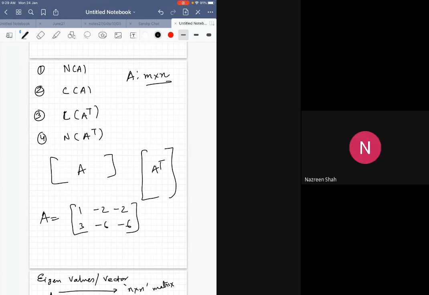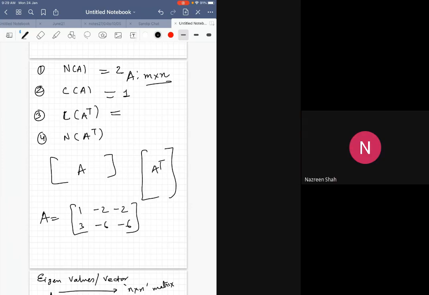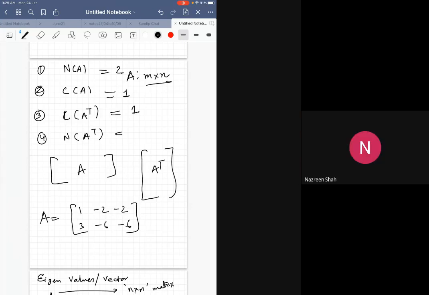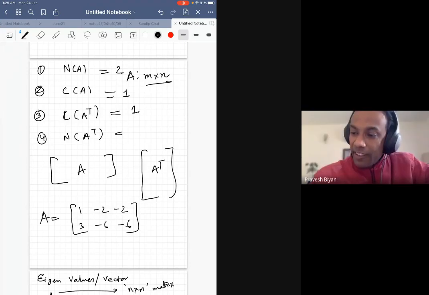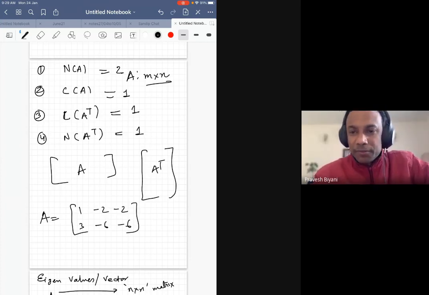Yeah, so the column space of A is 1, null space of A is 2, column space of A transpose is 1, null space of A transpose is also 1. Yes. Okay.